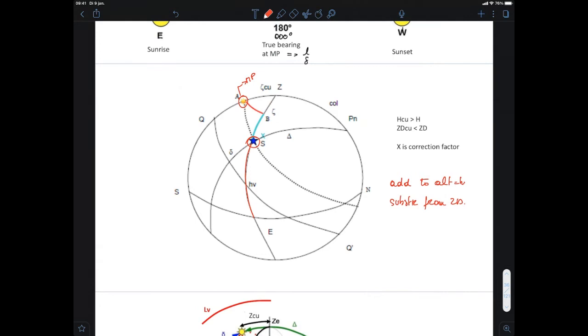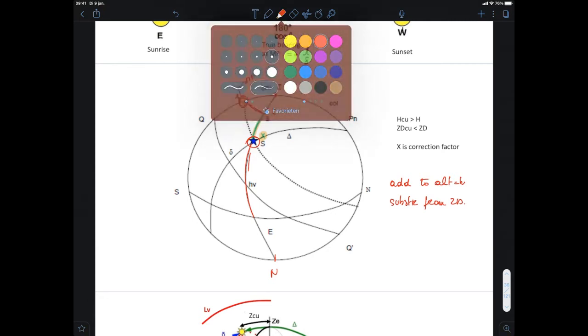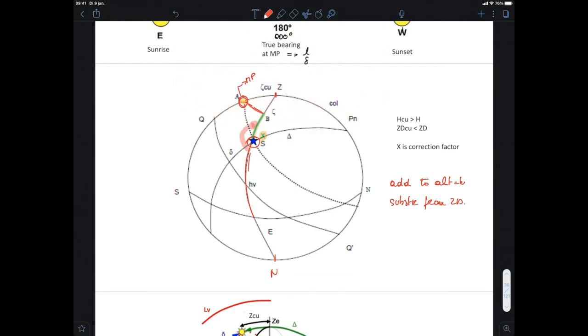And so if we project the sun here on the circle going from the zenith to the nadir, you see that this line here will be x, and that will be the correction factor that you have to either add to your altitude, so in this case it will be plus, or subtract from your zenithal distance.